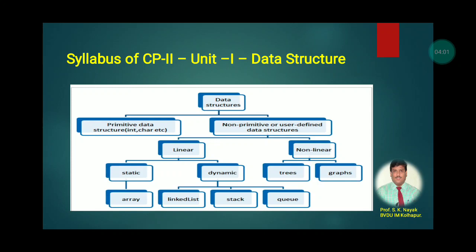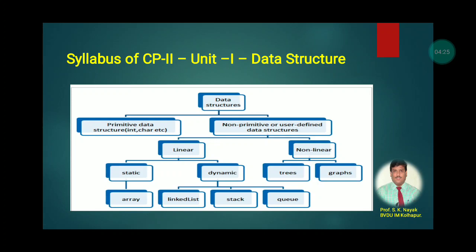Linear data structures and non-linear data structures are based on the arrangement and organization of data, particularly in the memory. If you are storing data in a sequential way, in a particular sequential method, then we can go for linear data structure.